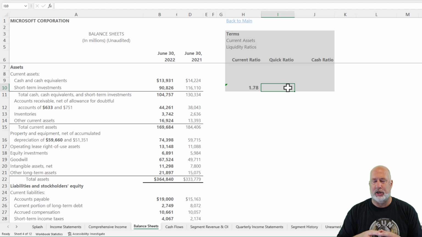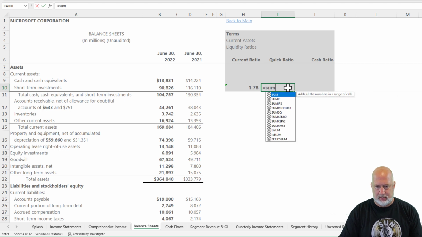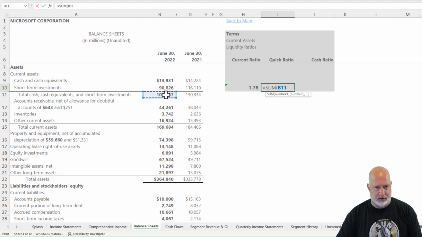The quick ratio is very similar to the current, except we're going to leave out inventory. So we will use cash, and we'll use those short-term investments, and we'll use accounts receivable, leaving out inventory. So here we go. This is going to be the sum of those 2 numbers. And there's actually 3 items.